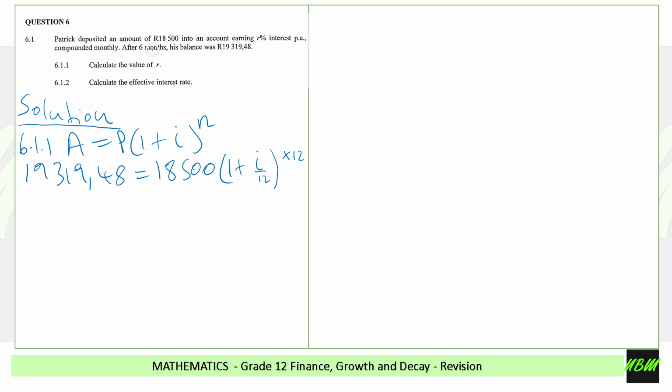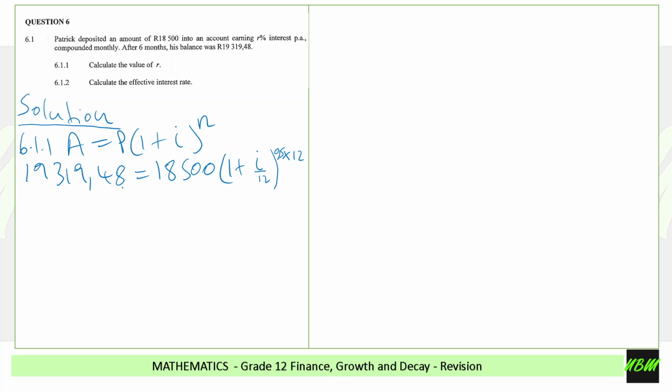Here it is 6 months, therefore 6 months is how many years? 6 divided by 12 is 0.5. So that will be the number of years, half a year. And then from here we can do the calculations and solve for i and subsequently calculate the value of R.